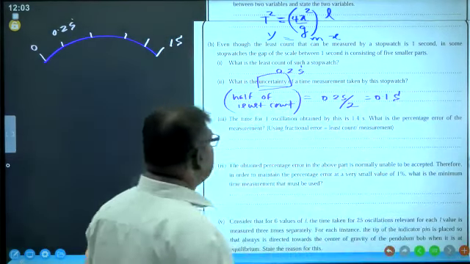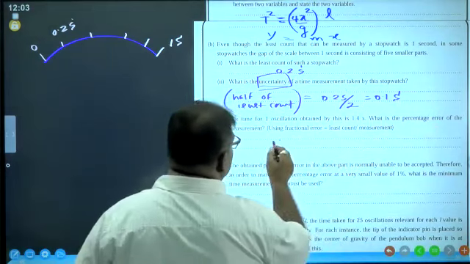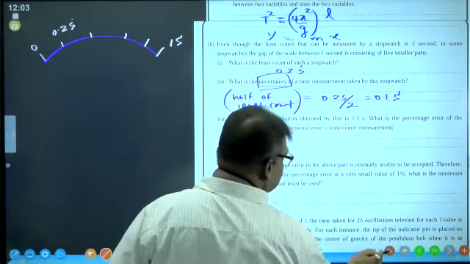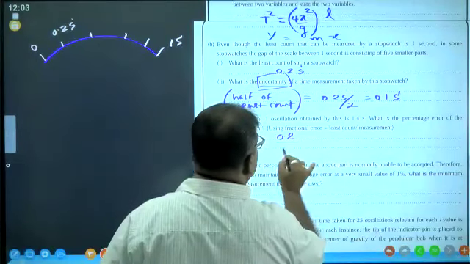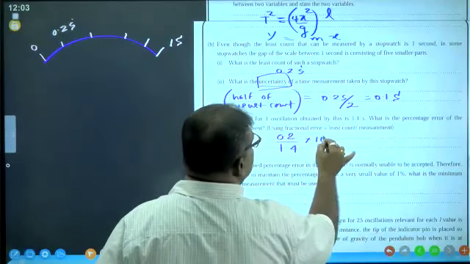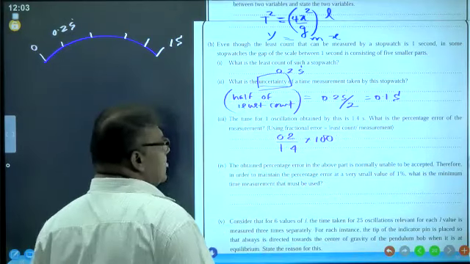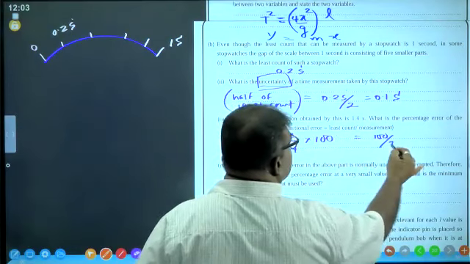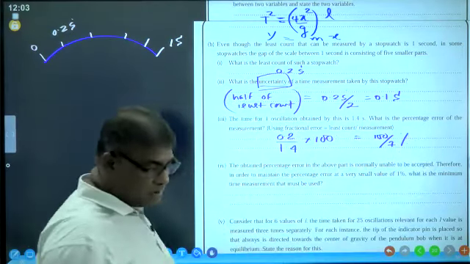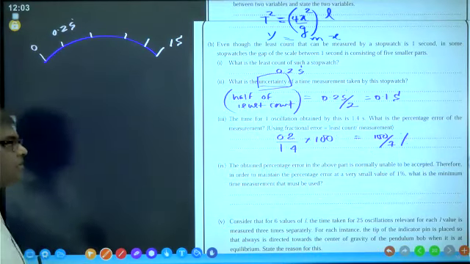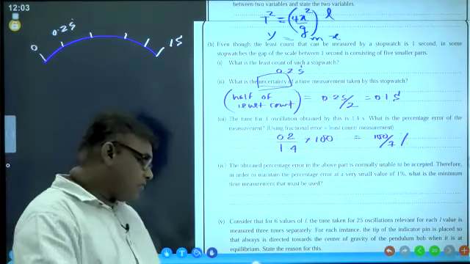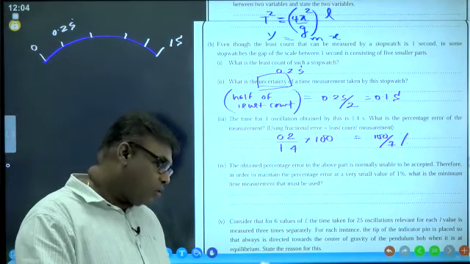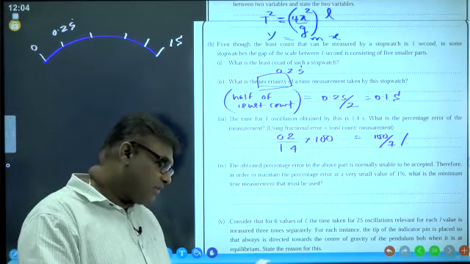Time for one oscillation is 1.4. Then the uncertainty is 0.1 seconds. So 0.1 divided by 1.4 multiplied by 100. The answer is 100 over 7 percent. Right. Done. Next one.